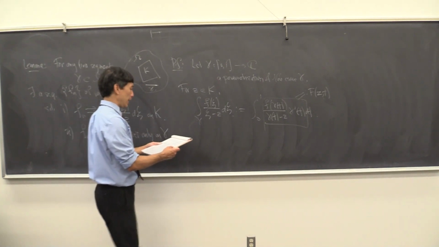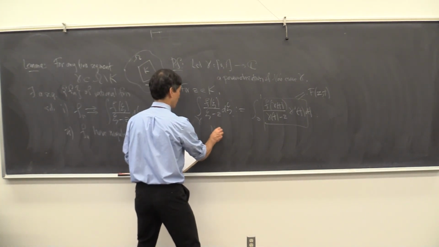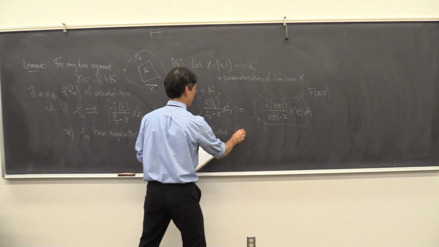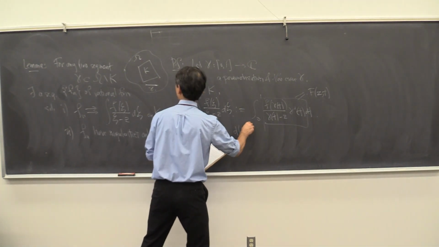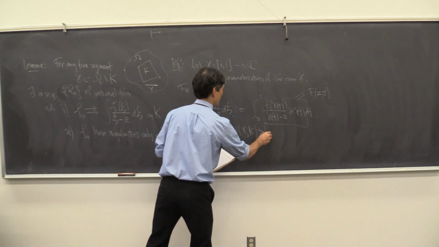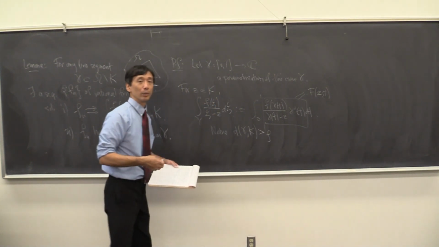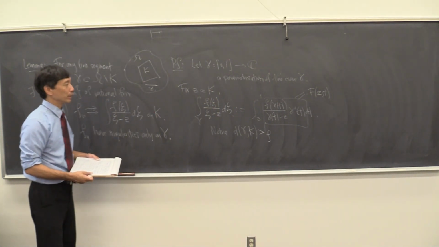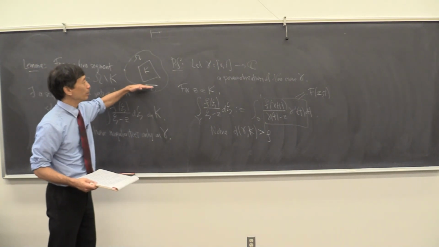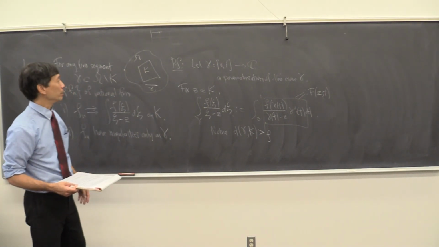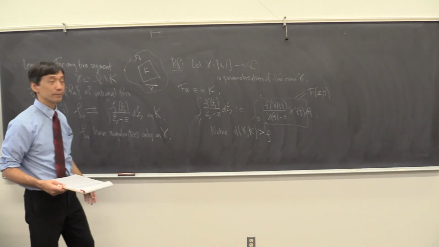Notice that the distance from gamma to K is greater than some constant value, so there's some minimum distance between them because they're both compact.